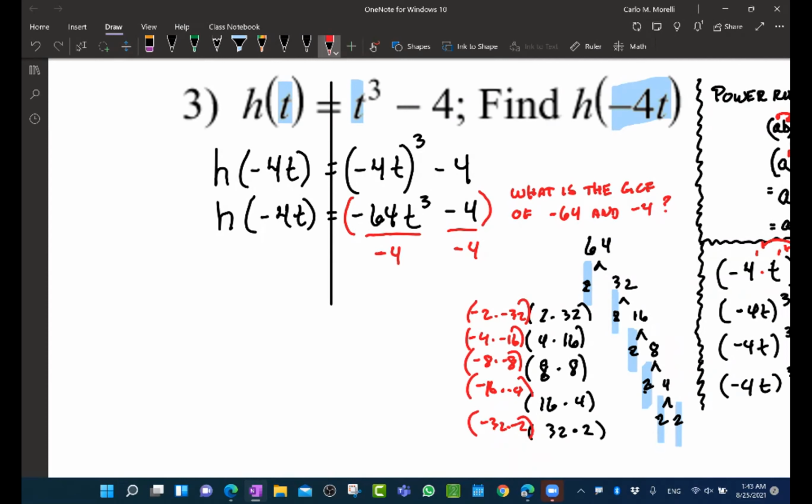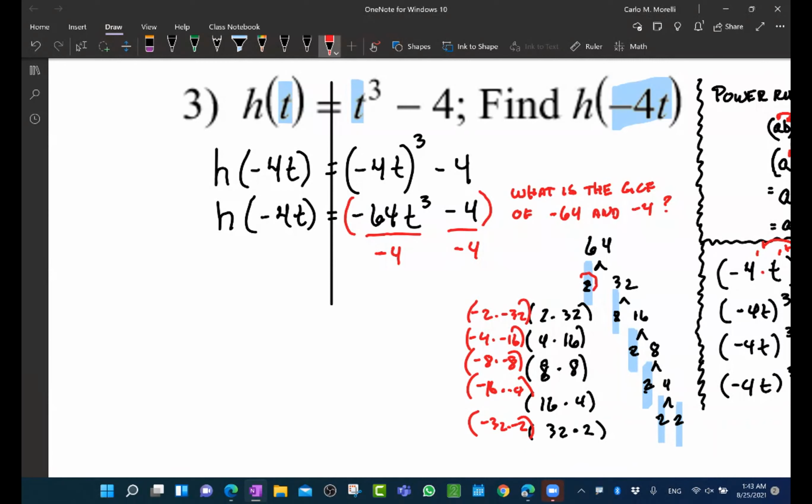Okay. So let's go ahead and do this division. 64 divided by 4, what is that? There's actually an easy way to do this if you've already factored.